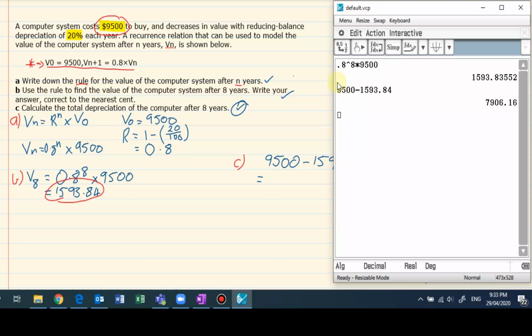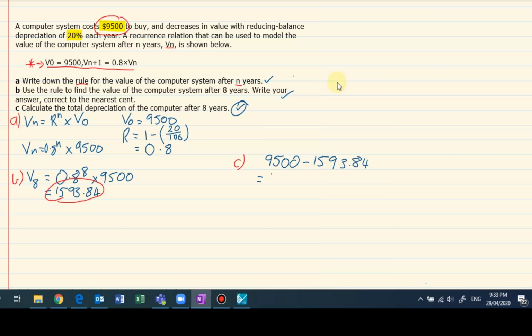So our value is 7,906 and 16 cents, and that's the depreciation of the computer.